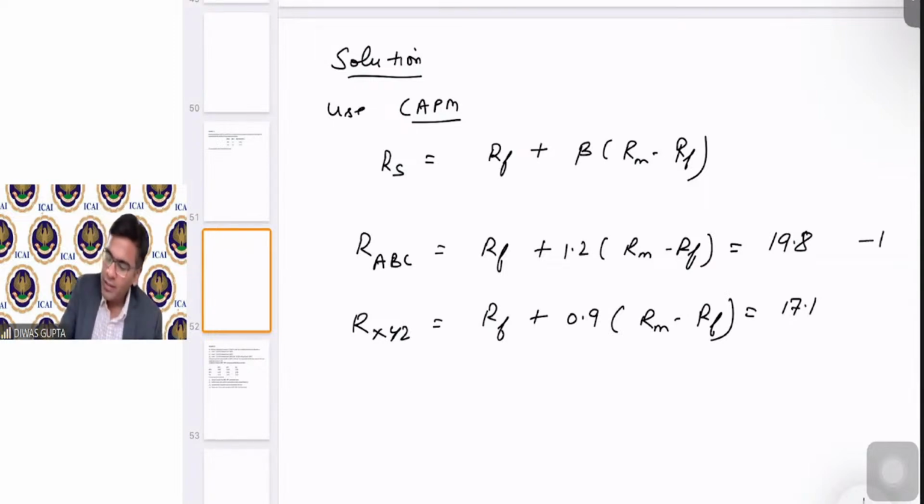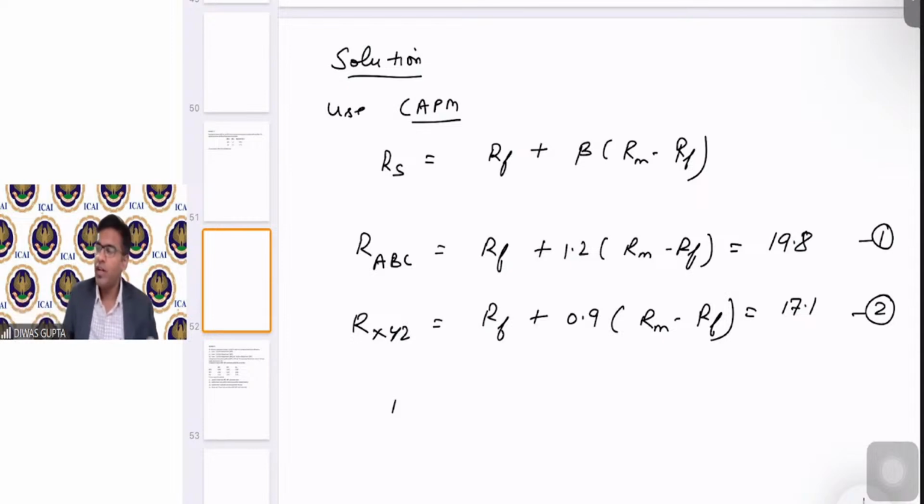So we have two equations. This is the first equation. This is the second equation. Can we solve both these equations to arrive at RM and RF? Yes, we can do that. Should I show one solution, I mean, how to solve for these two equations, because it was there earlier also.